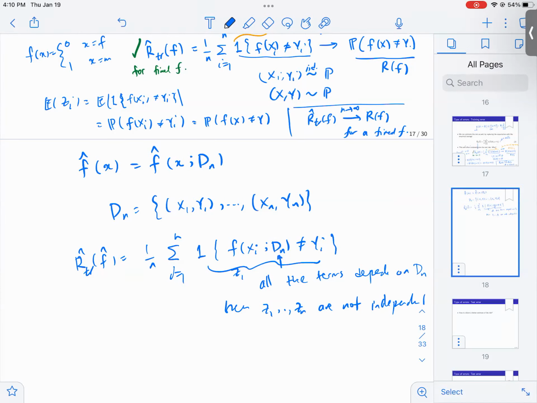There's randomness in this part and also in this part. Because of the randomness in this part, which is the entire formulation of the rule, the entire decision rule depends on the data, so these are not independent. So in general, this is not going to converge to R of f hat.